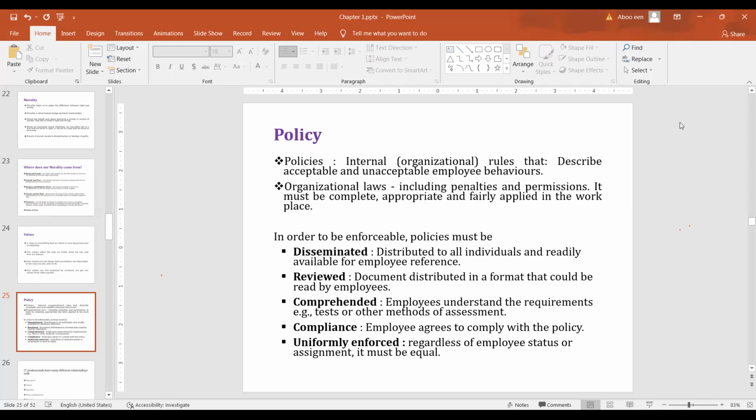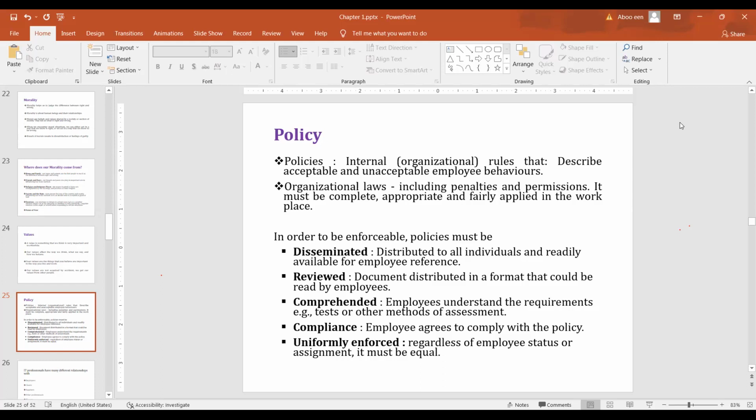Say, for example, if an employee wants to get a promotion, there may be a policy that he or she must be in the post or service for 10 years to get a promotion. Assume that. In that case, the employee has to complete 10 years of service in that particular position, and after that be able to get the promotion.